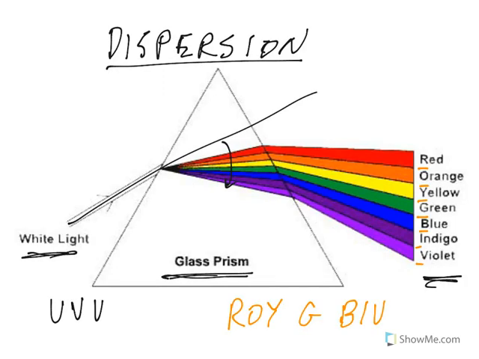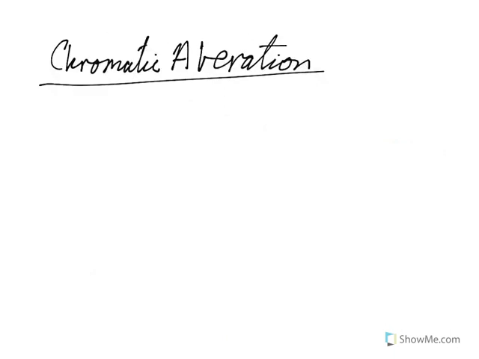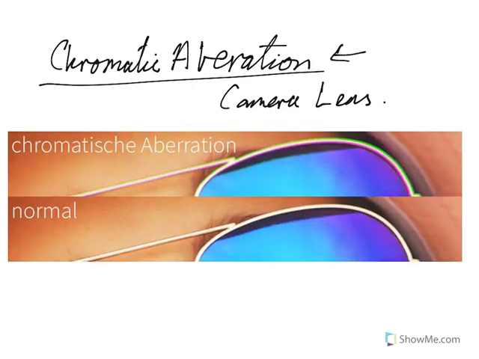All right, so back to the diagram, you see you get the spreading out when it goes from white light to glass, so from air to glass, I suppose. If you're thinking about a camera lens, a camera lens is glass and the light's going from air, so you could have this dispersion occurring in that, and in fact you do have this dispersion, and it's called chromatic aberration.